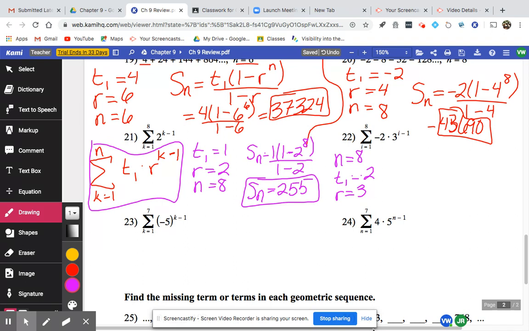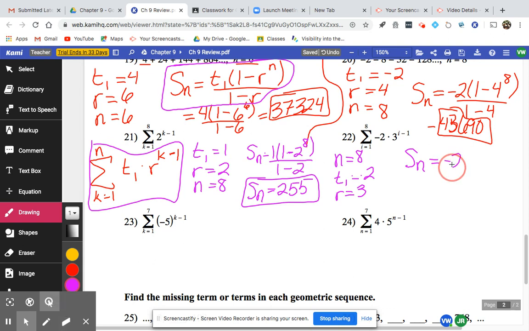Now that we know those 3 pieces of info, we can go ahead and plug it into that good old formula. Again, it's over there on number 19. Maybe I'll circle that one too. So plug it into that formula there.